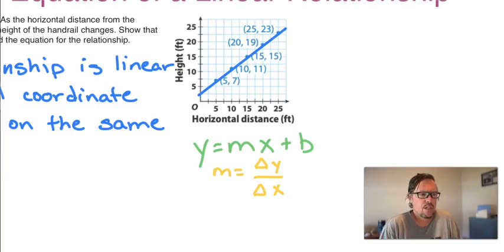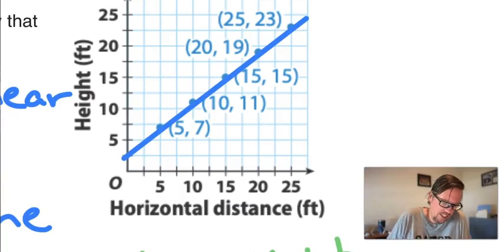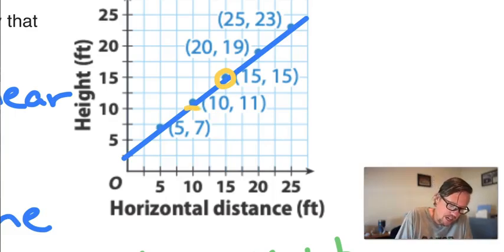Now you may be thinking to yourself, well, if we've got the graph, why don't we just count rise over run? And counting rise over run would be excellent if we had 2 points that were exactly on an intersection of the grid. Unfortunately, the only one we seem to have that's exactly on the intersection is this 15, 15, and all the rest of them are kind of in the middle. Like we've got 10, 11, which is not right on the intersection, 5, 7.